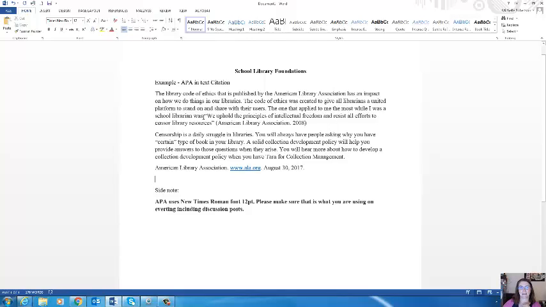Then I come down to my citation, where this is the second point of the Code of Ethics. It's the one that I probably used the most when I was in school library, so that's why I chose it. For your in-text citation, you're going to cite what you're looking for within quotation marks, then open your parentheses, and use American Library Association because they're the ones who created it.